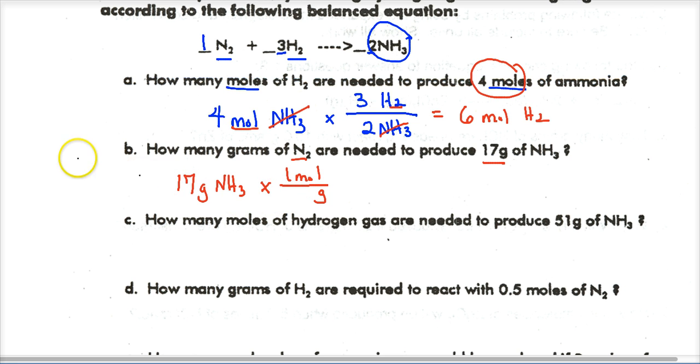Well, we're going to have to do a formula mass. In 1 mole of NH3, there's 1 N. 1 times 14 is 14. I know my 1 times tables really well. 3 H's, 3 times the atomic mass of hydrogen, which is 1, and you get 17 grams per mole. All right, that's what goes here.